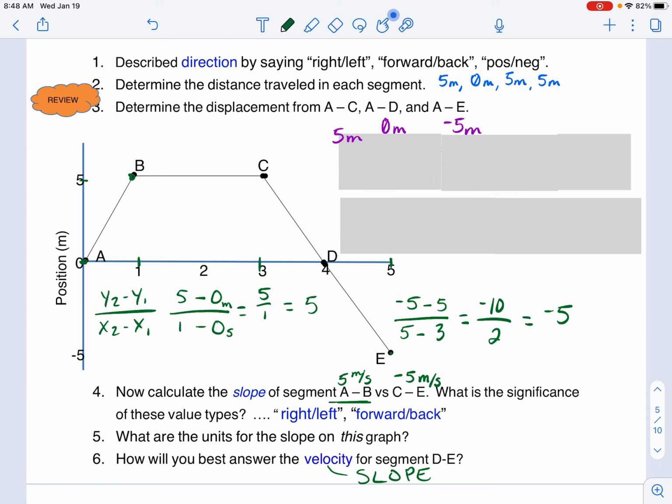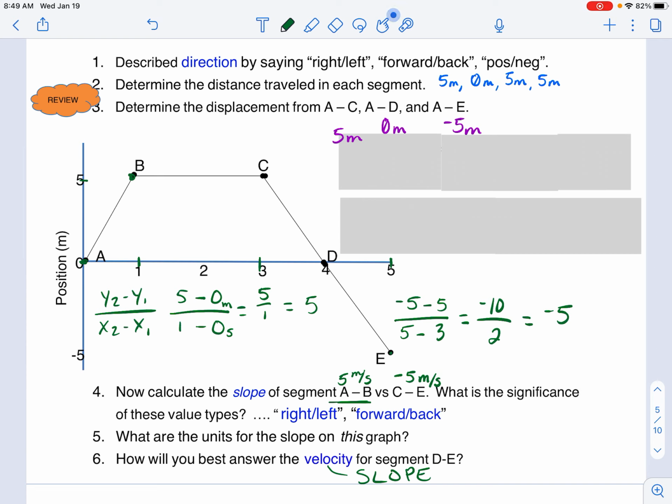If we are calculating the slope using y2 minus y1 over x2 minus x1, it will officially calculate positive and negative numbers. And so now we're going to keep those negatives, because those negatives are going to be part of the answer because velocity is a vector where direction is important.